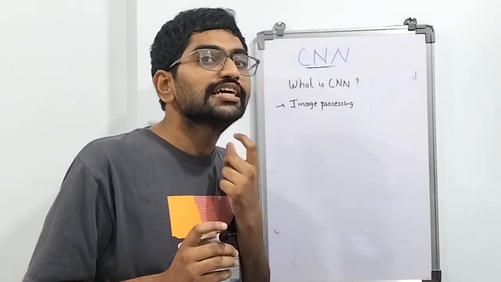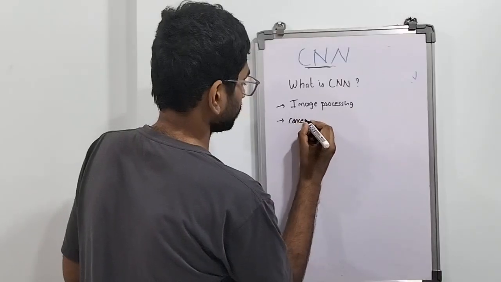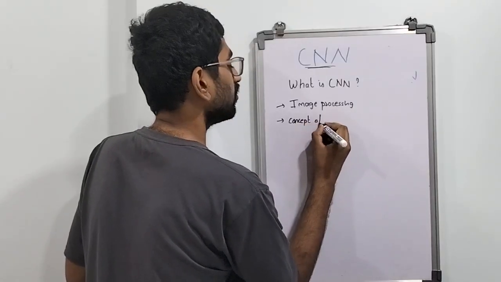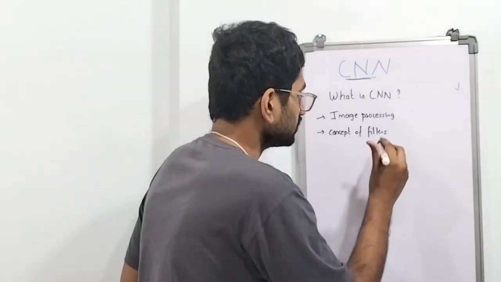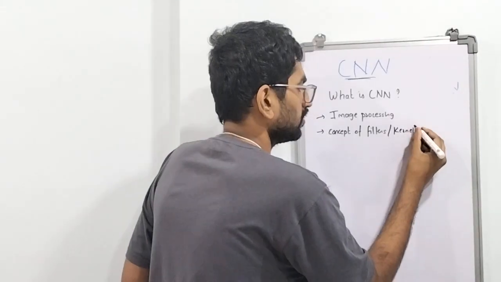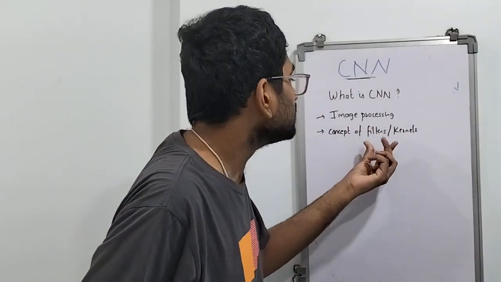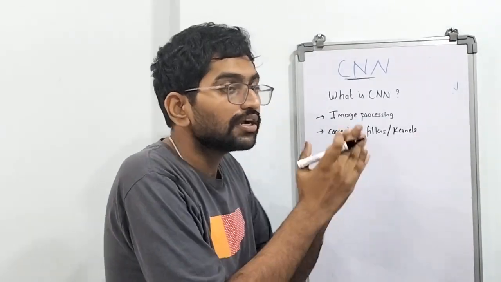So what does CNN do? CNN uses the concept of filters, which are also called kernels. So what is the meaning of a filter? To reduce the size of the image. Let's say we have a 1000 cross 1000 image, and we want to reduce the size to 32 cross 32, from 1000 to 32, but at the same time preserve the important features.